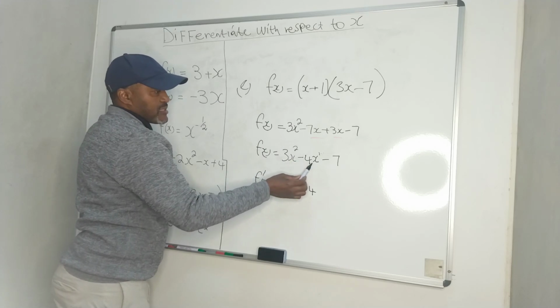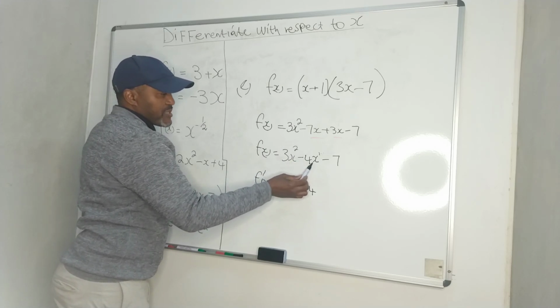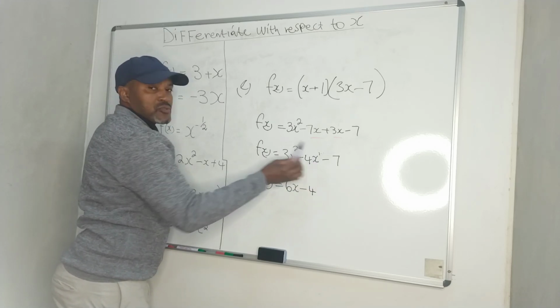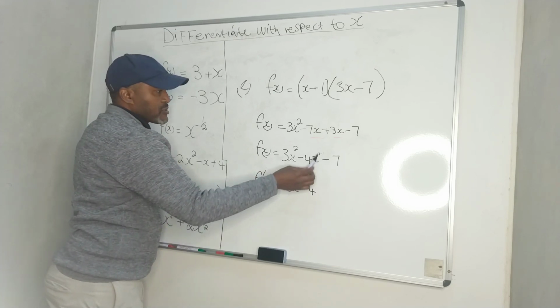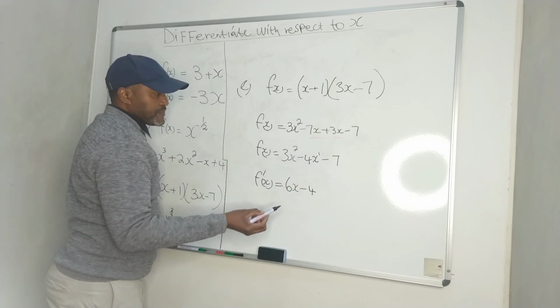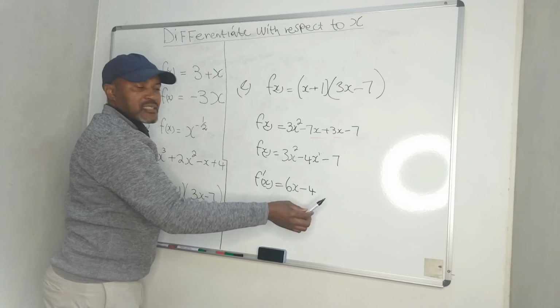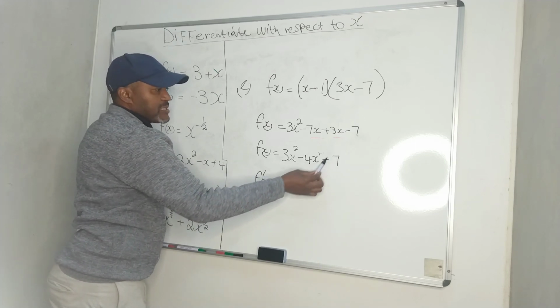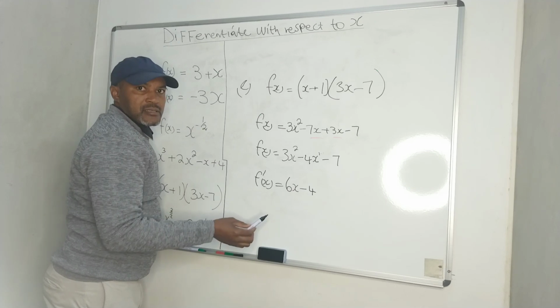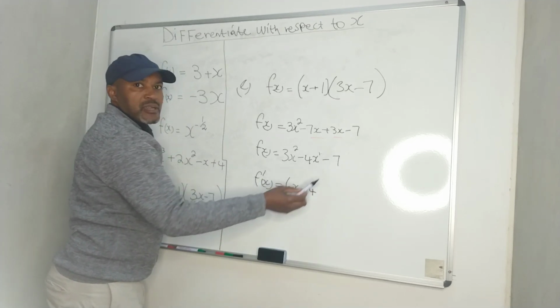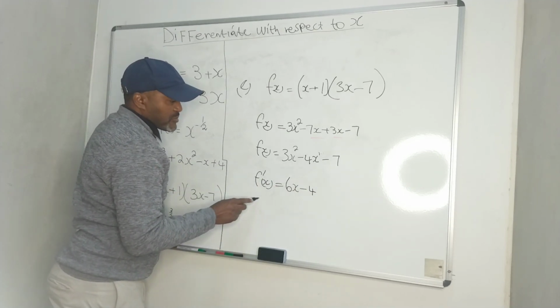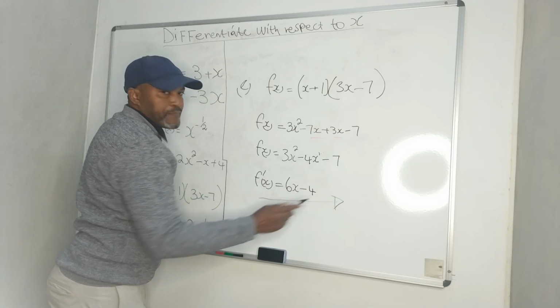Then it means my x will be raised to 0. It's going to be x raised to 0, which is 1. Then 1 times -4 is -4. I leave it like that. But this is a constant. It's 0. I leave it like that, which means this is my answer.